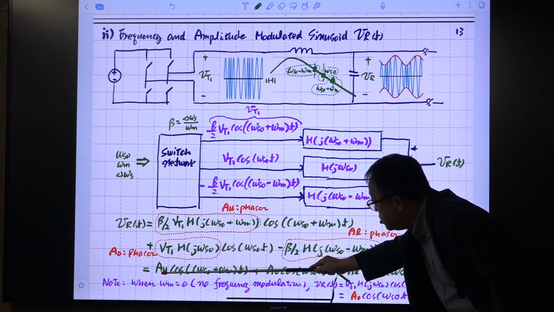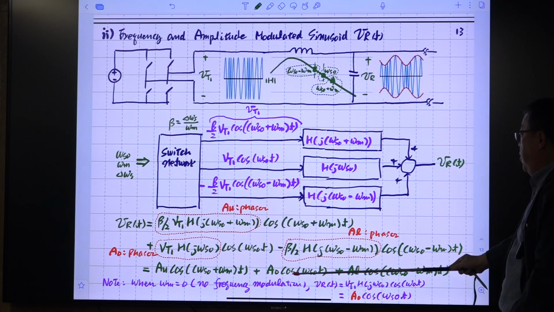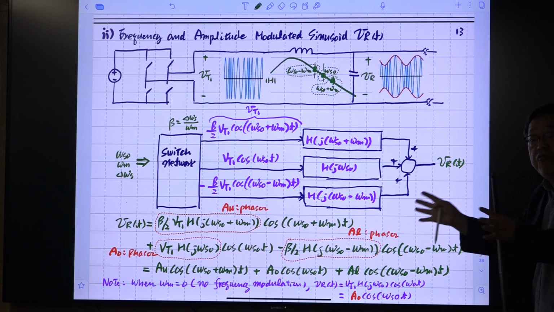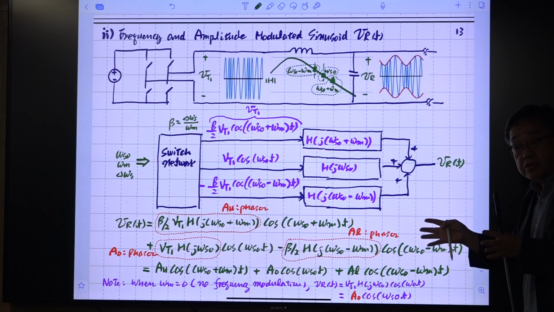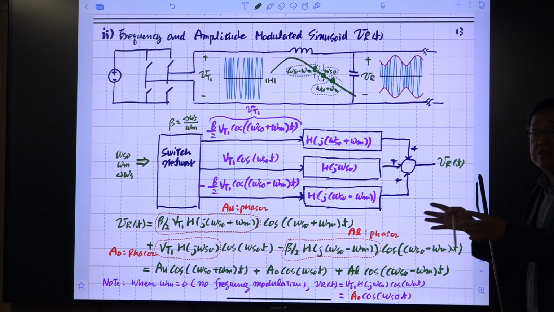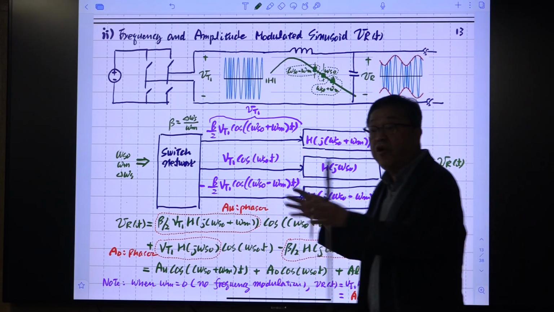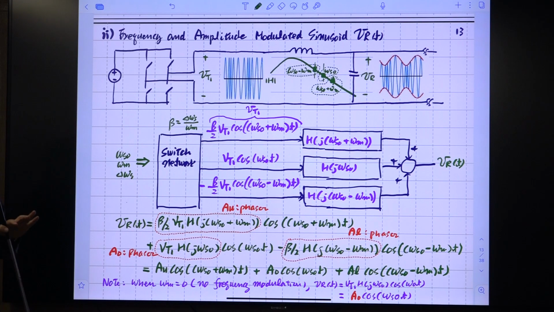AU is a phasor here, and this A0 is a phasor, AL is a phasor. So we have three phasors combined. But phasors are vectors, so we should consider this as a vector summation. So we separate the magnitude and the phase to deal with the phasor manipulation.